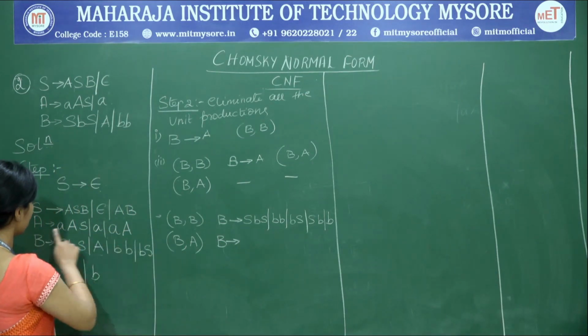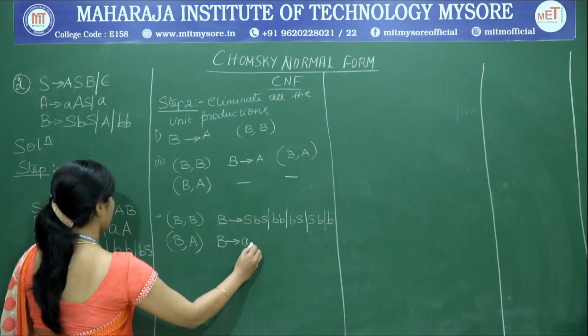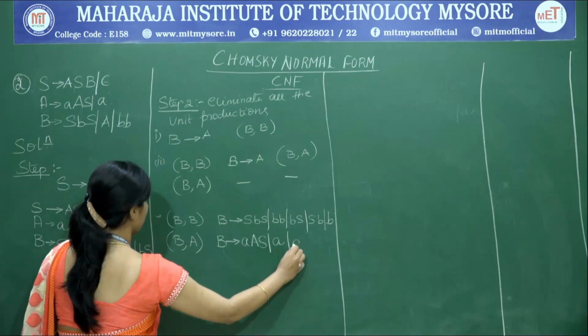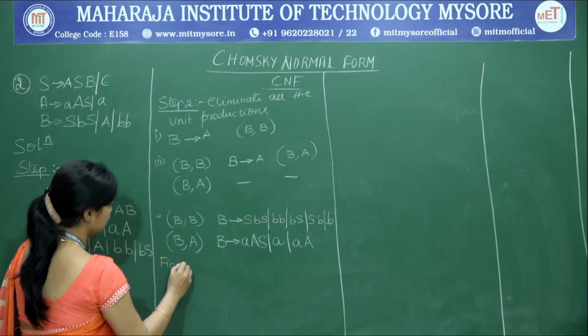We will write all the productions of A because all of them are non-unit productions. Therefore B goes to capital A, S, and then we have A, and then we have A. Therefore we will write the final grammar here.